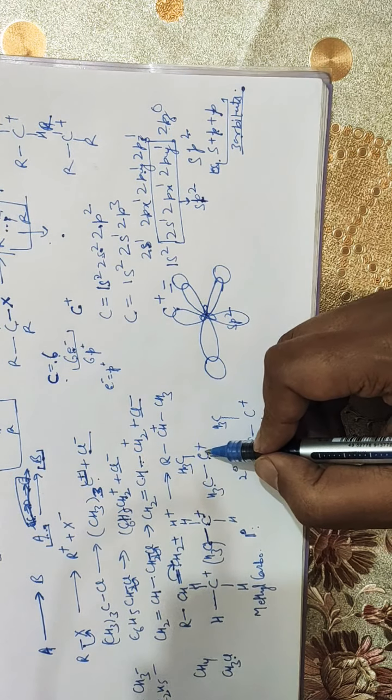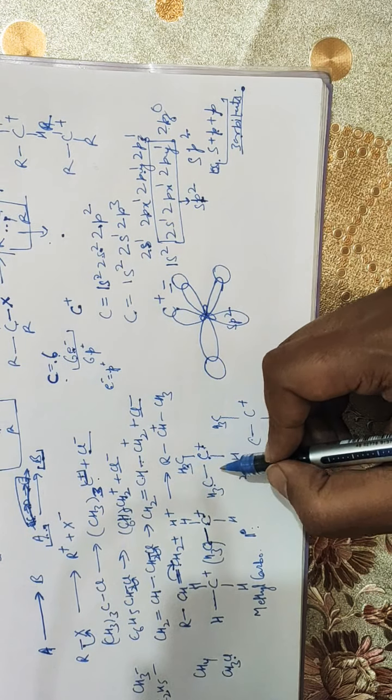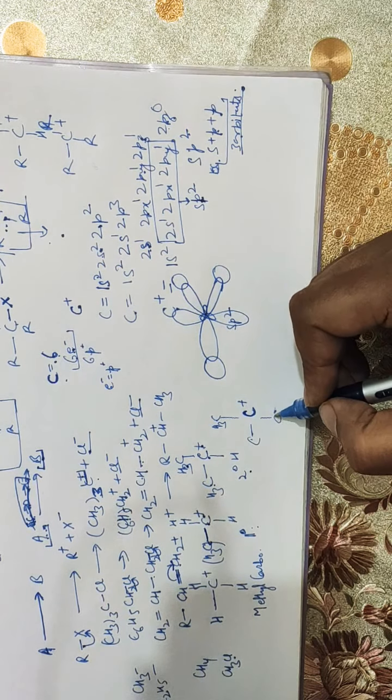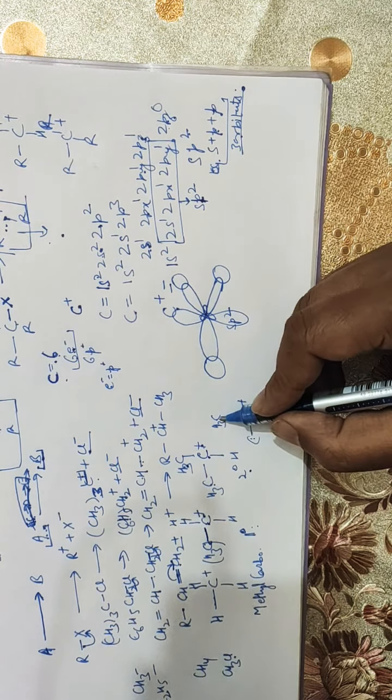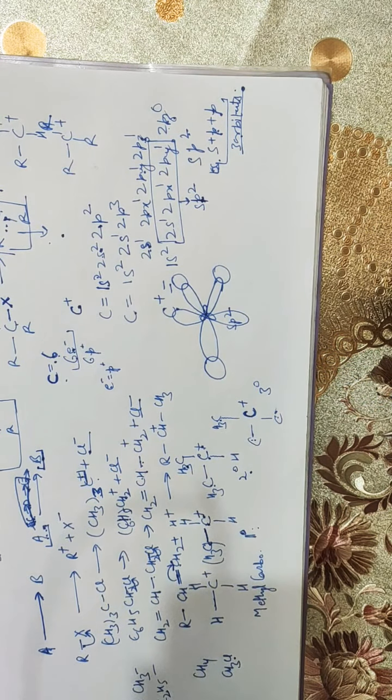This one is called primary because the carbon carrying the positive charge has one carbon attached. In this case the carbon carrying the positive charge is attached directly to two carbon atoms, so it will be called secondary, whereas in this case it is attached directly to three carbon atoms, so it will be called tertiary carbocation.